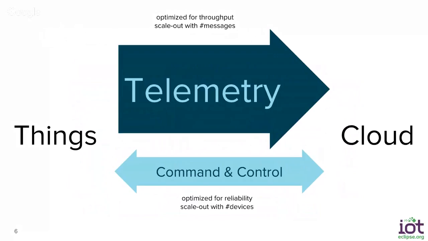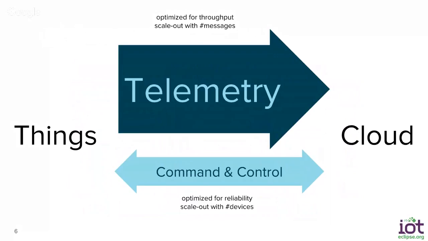Before you go on, Paolo, let me add one little thing here. Another big difference between telemetry and command and control is that it is usually not a problem if you lose some of the telemetry messages on the way, if they do not reach their final destination or consumer. Because, for example, if you imagine a temperature sensor sending the current temperature reading, it does not really matter if you only get the next temperature reading after 5 seconds instead of after 2 seconds, and you lose one in between, because that will usually not be very different from the first and the third one.